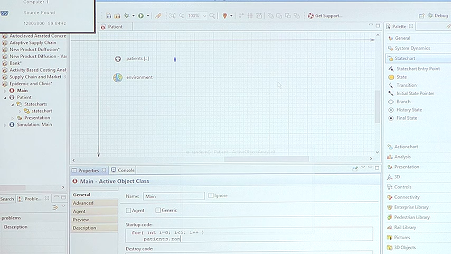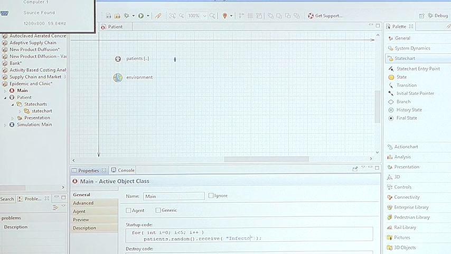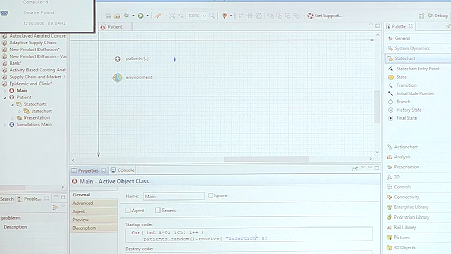Patients, random, receive, and the message that triggers infection is the string infection. Okay?